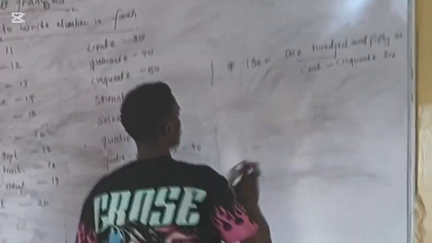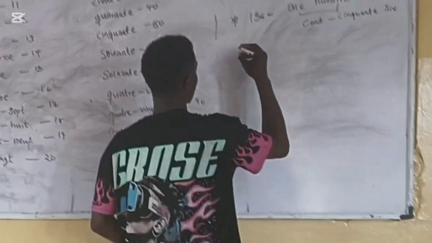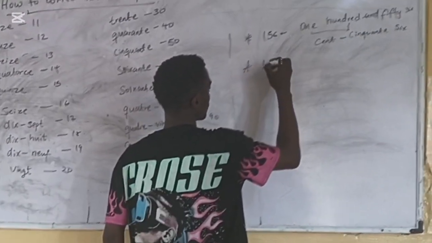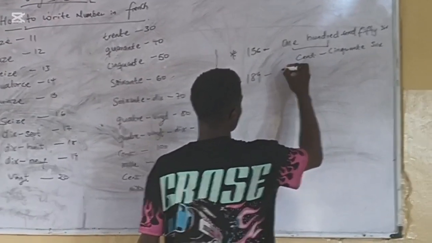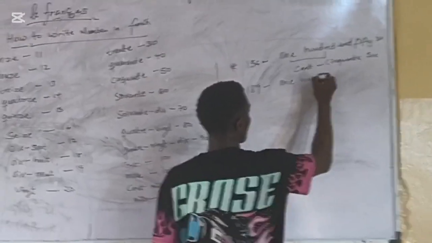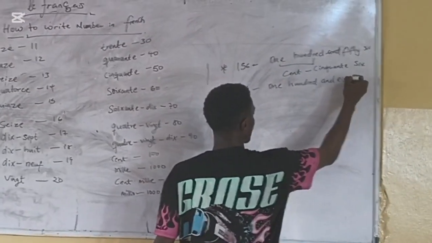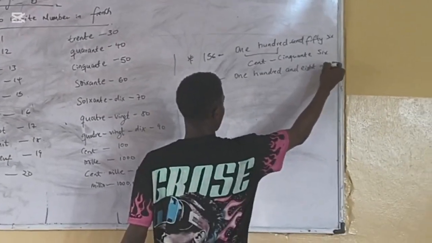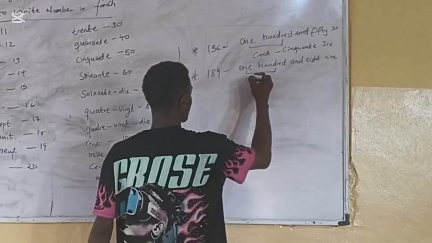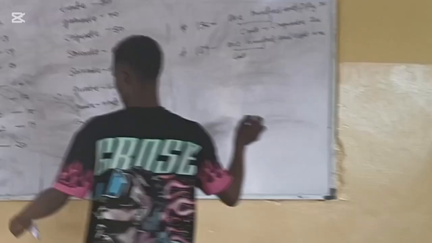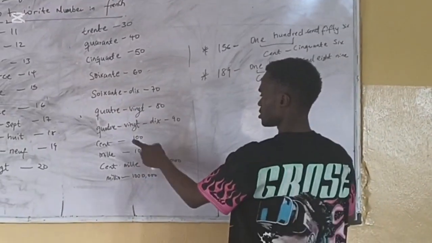So with that being said, if I give you a number like 189, first write it in English, which is what? 89. Then after writing it in English, don't forget I told you that this 100 means cent, which was written in this place.